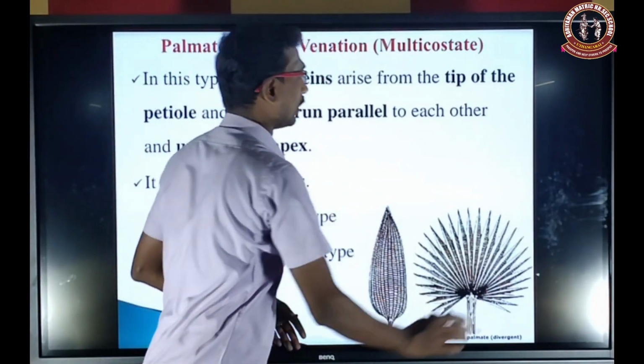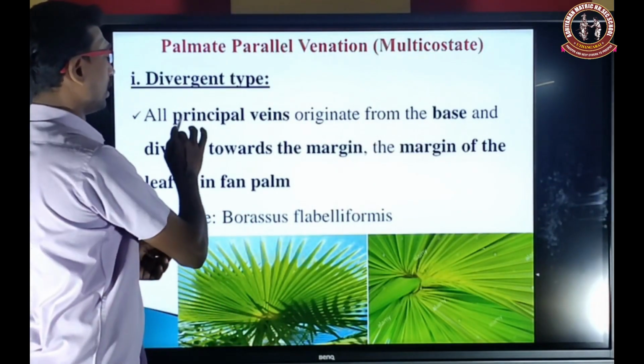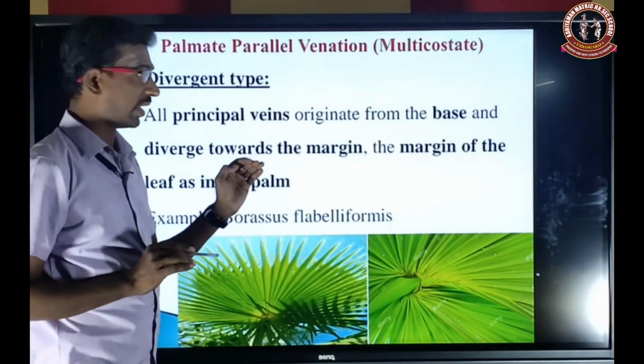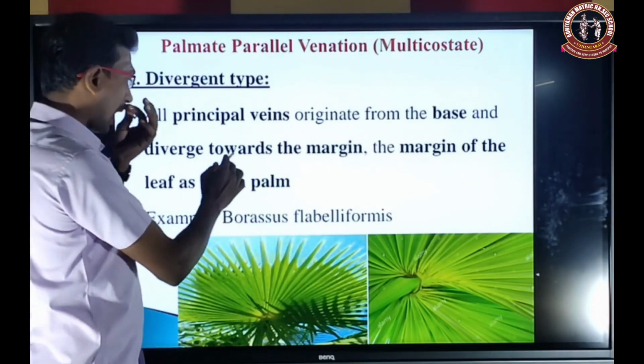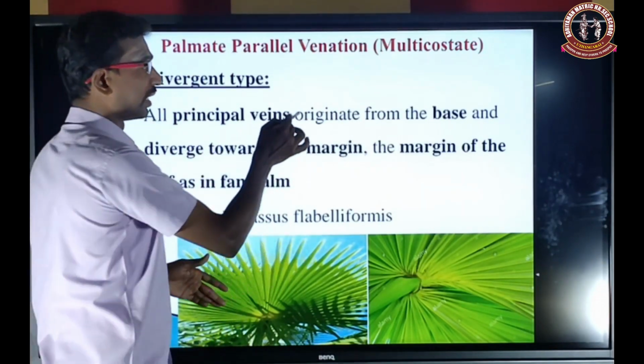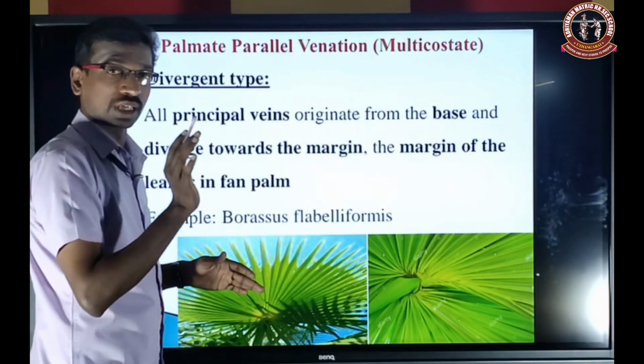So let's see the types. Divergent: all the principal veins originate from the base and diverge towards the margin.